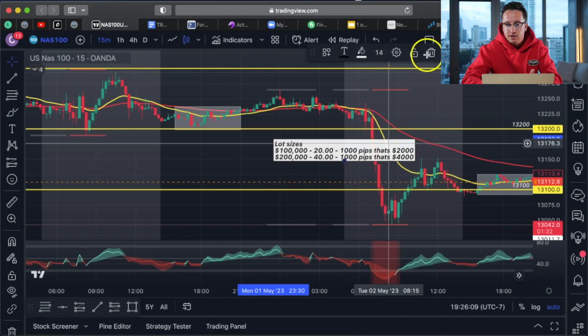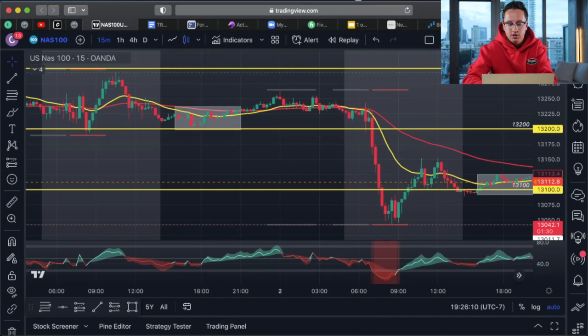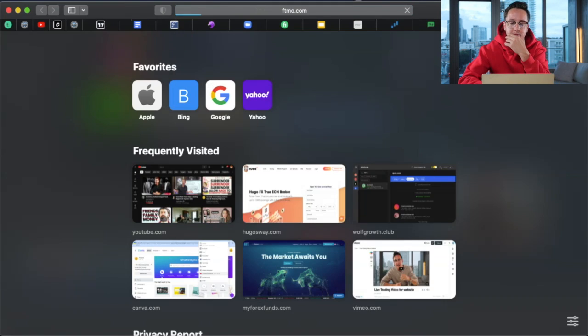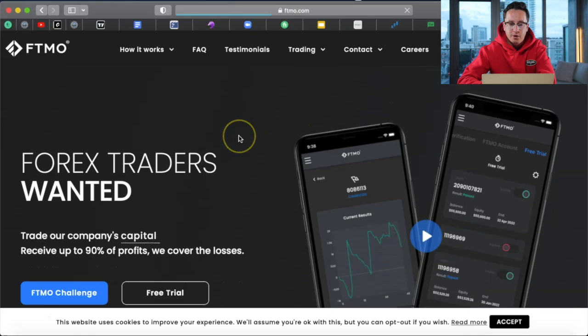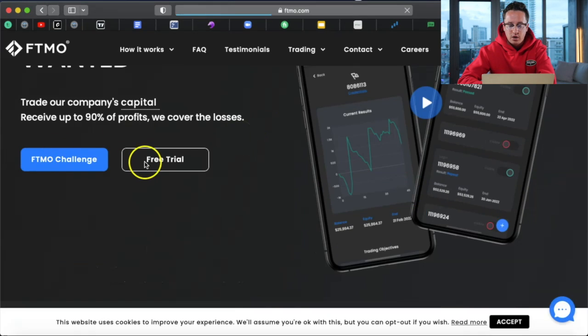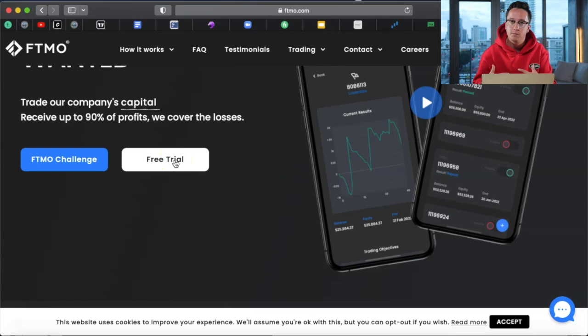What I would recommend, if you're really a smart cookie, is you're going to go to ftmo.com, and I would go with my Forex funds if you're going to get a prop firm challenge first. They're cheaper, profit targets are lower, but on FTMO they have a free trial. What I would do if you're smart is patience. Remember, guys, patience.